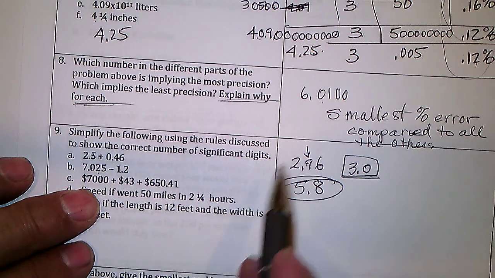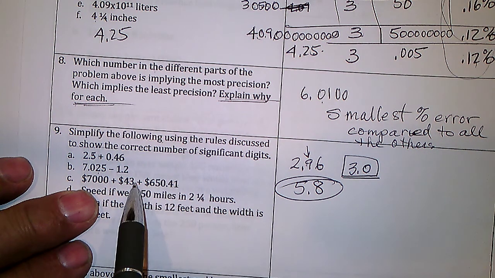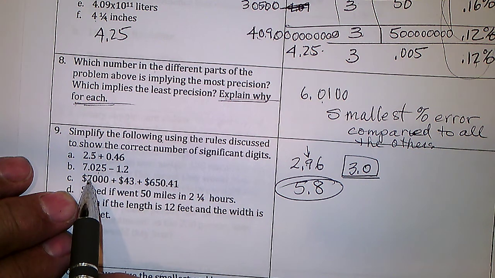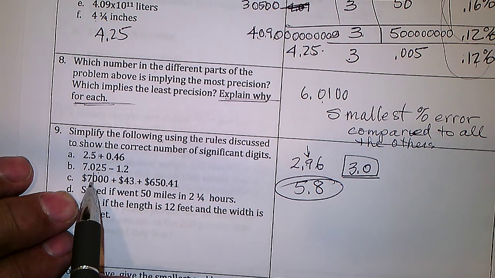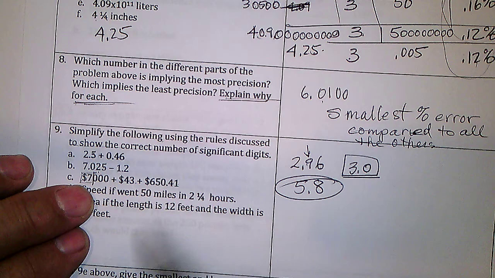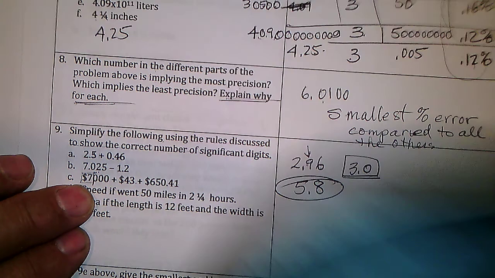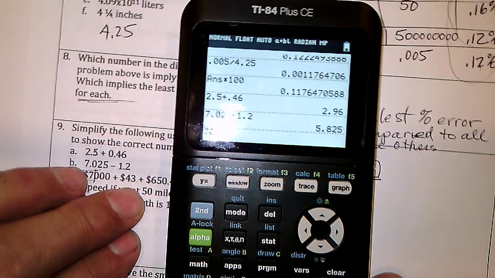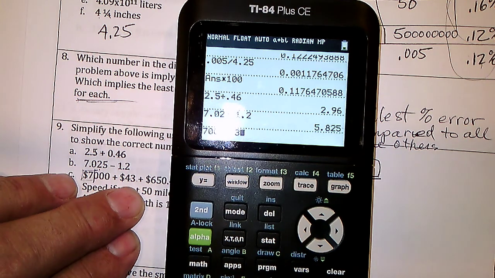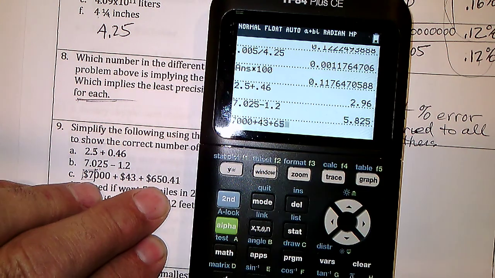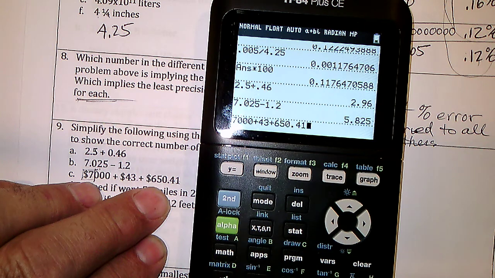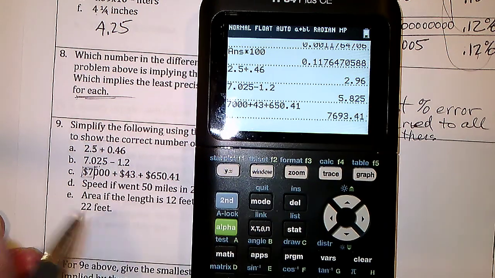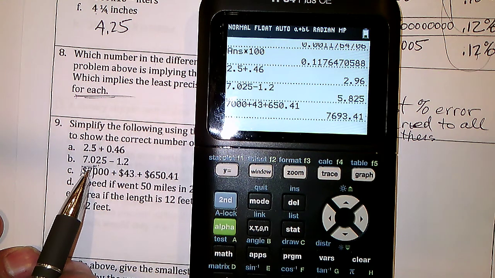Adding again. Well, this has pennies, but this doesn't, and this one's to the nearest 1,000. That's the last significant digit. So we have 7,000 plus 43 plus 650.41. You'd think you would write all that, but nope. This one is plus or minus 500.